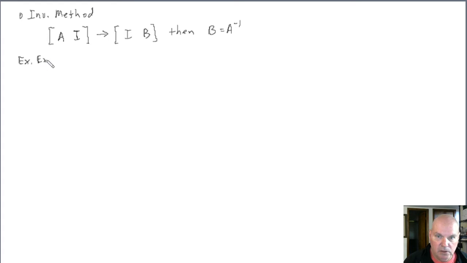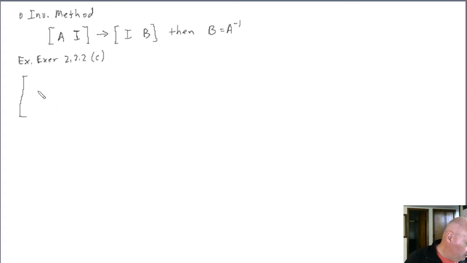This is exercise 2.4.2. Again, nothing really new here. It's still the reduced row echelon form technique with elementary row operations, but now instead of just having a column to the right of our system matrix A, we actually have another matrix.